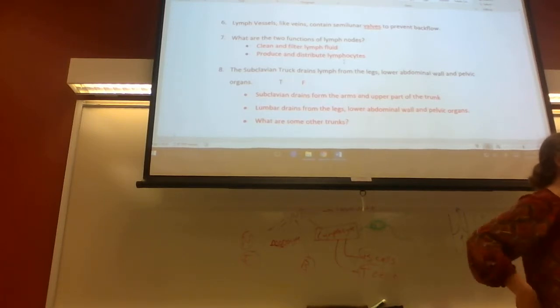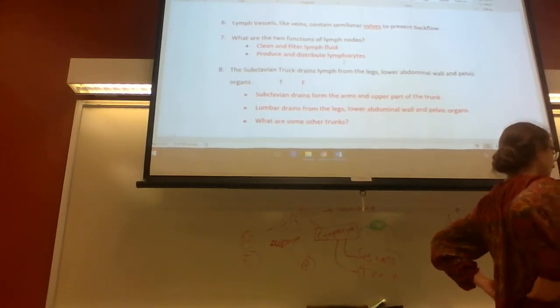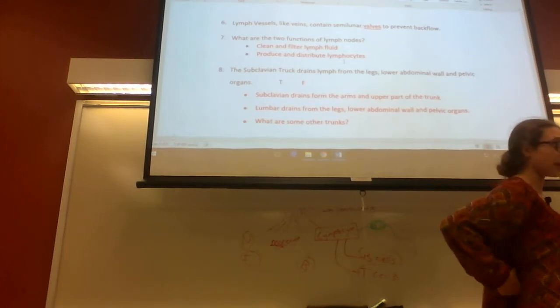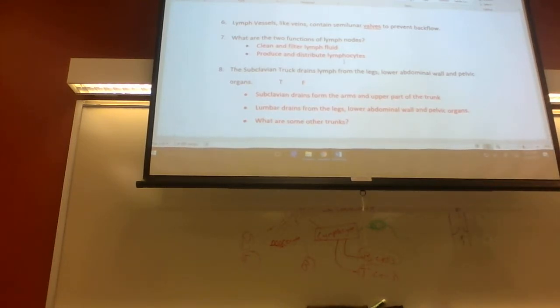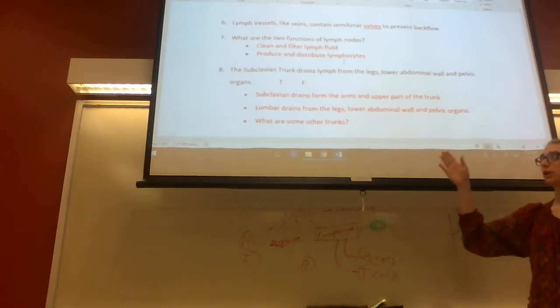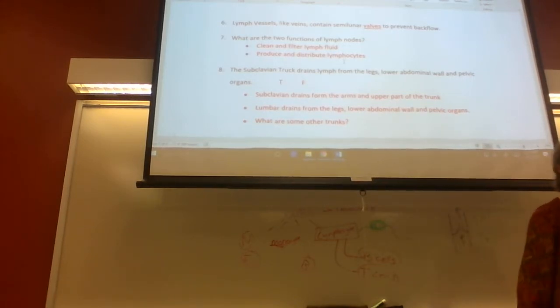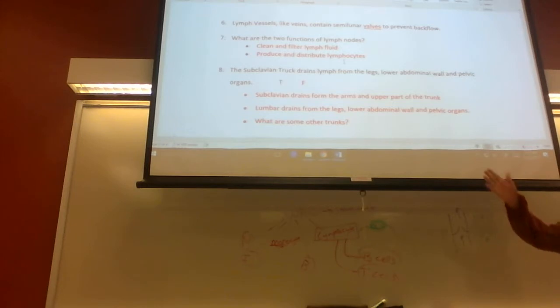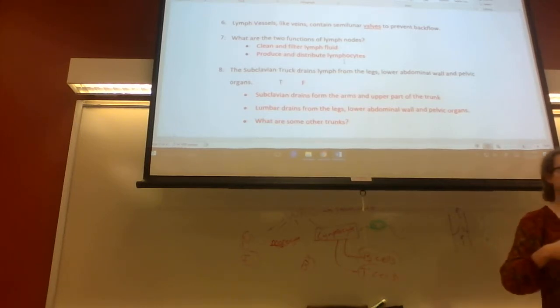Your lumbar, which is down here, like the lumbar portion of your spine, is what drains the abdominal walls, pelvic organs, and the legs. So when you're looking at your graphs and PowerPoints, know what the other trunks drain into.